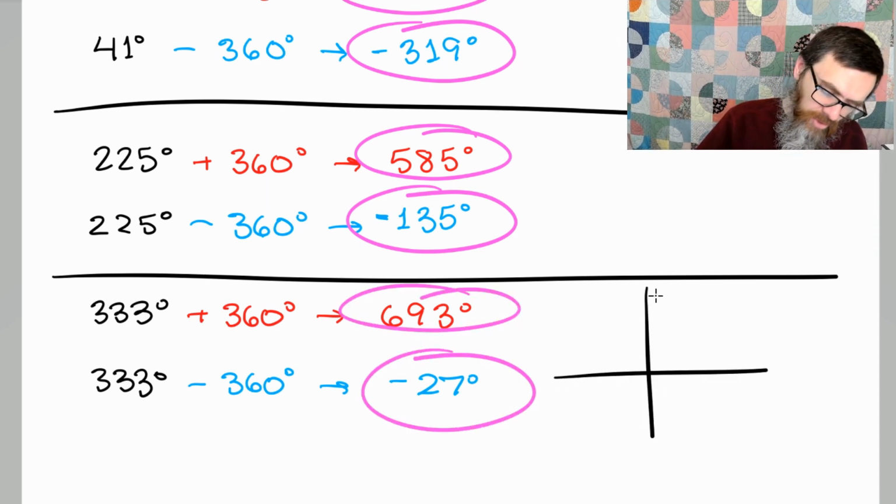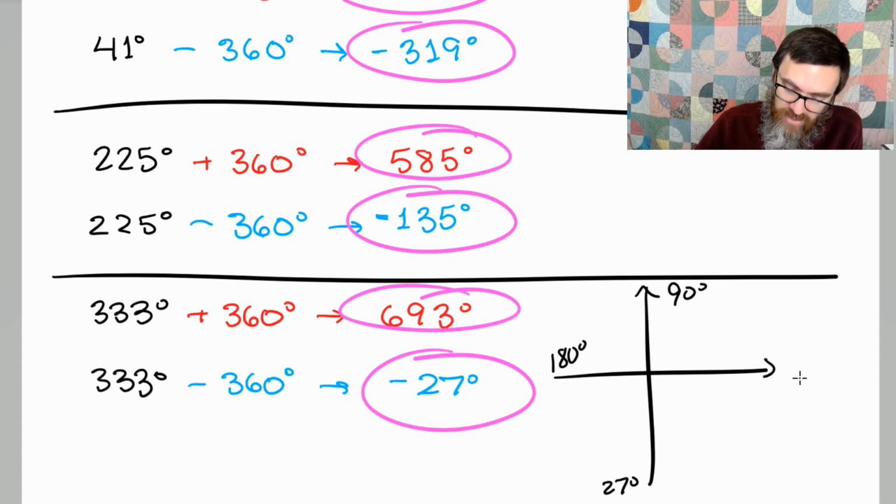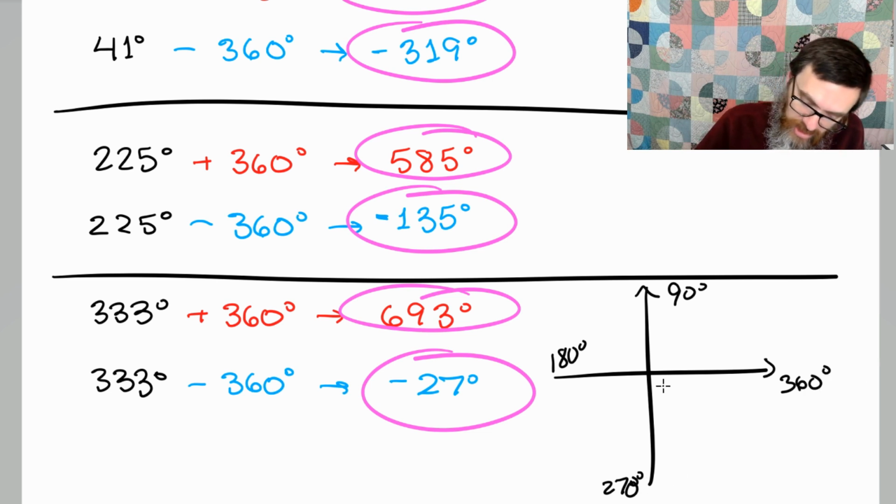If you think about the graph for this, know the key measures: 90, 180, 270, and 360. So 333 degrees is going to be somewhere right here where you've gone all the way around like this.